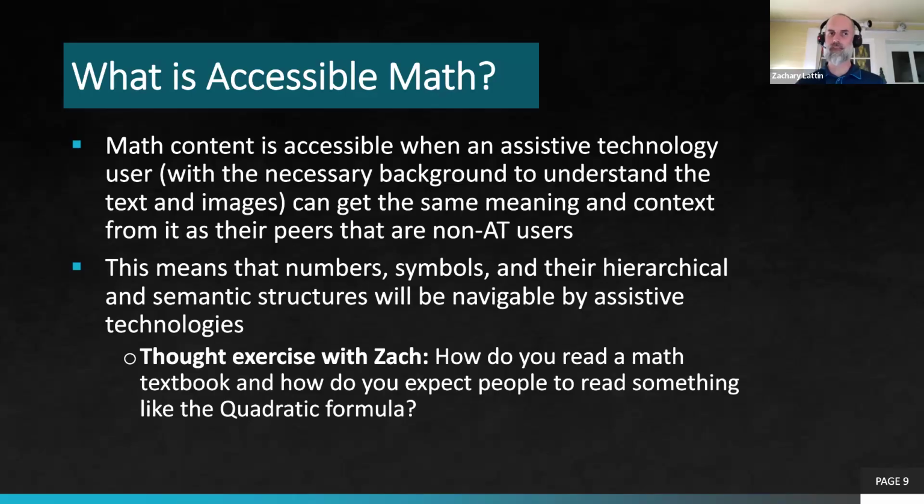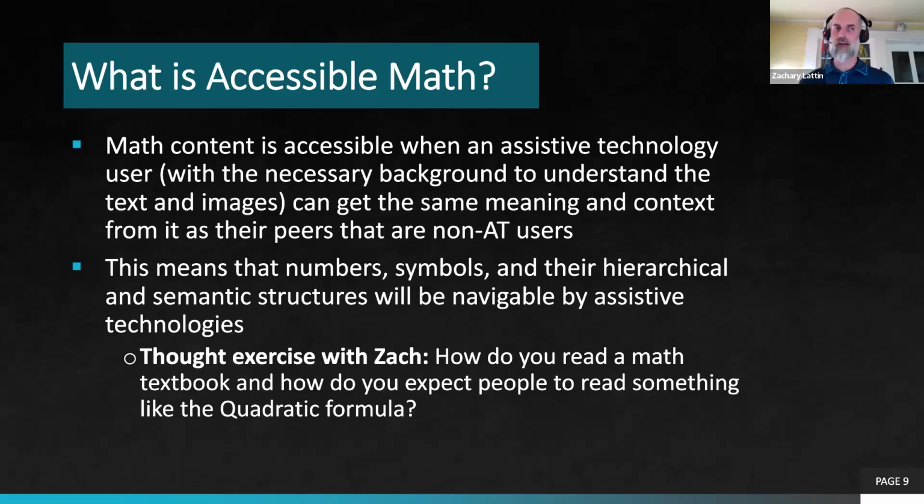So the example there is you can make an abstract modern algebra book accessible, or a book about groups and rings and fields. And that doesn't mean that anyone can read and understand the content. It means that someone with a background in math can understand that content on the same level as a comparable person who doesn't use assistive technology.